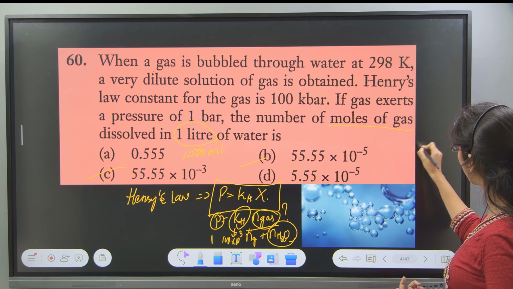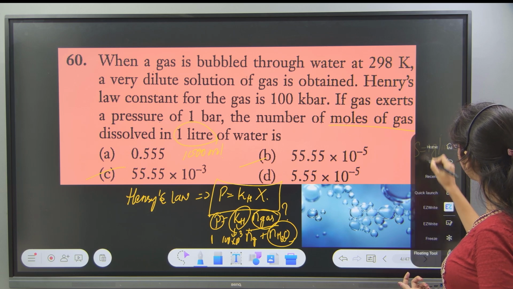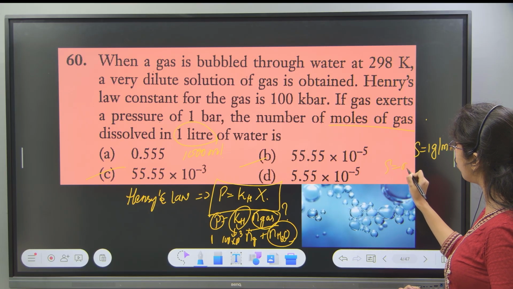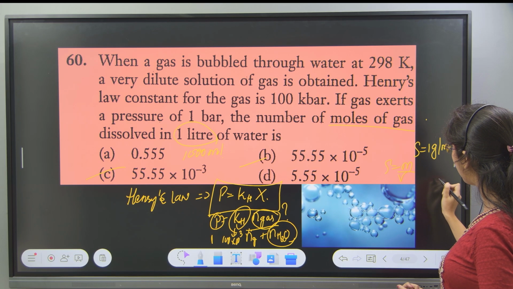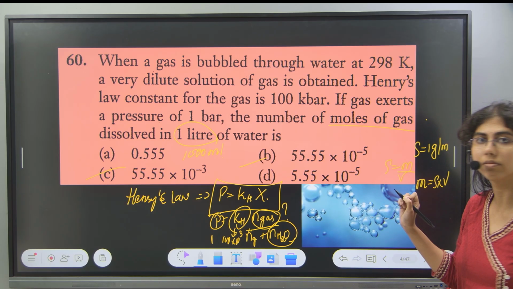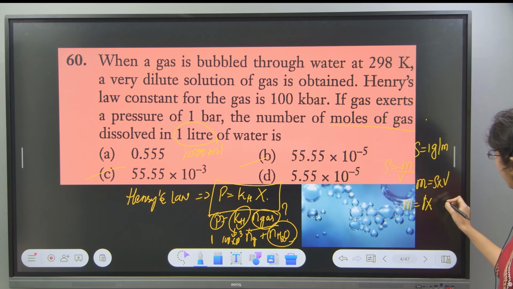We know for sure one thing, that the density of water is 1 gram per ml. Now density is equal to mass by volume, so mass will be equal to density into volume. I hope it is visible. Mass is equal to density, 1, into volume, 1000.